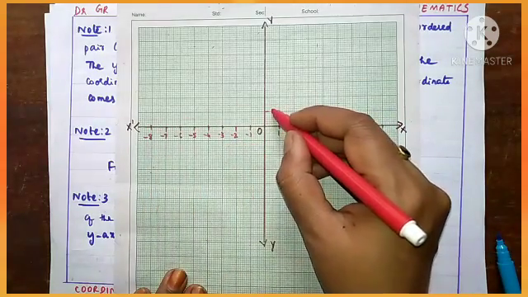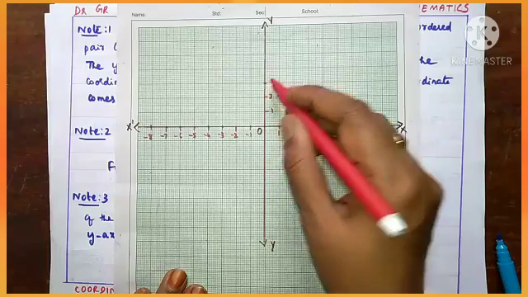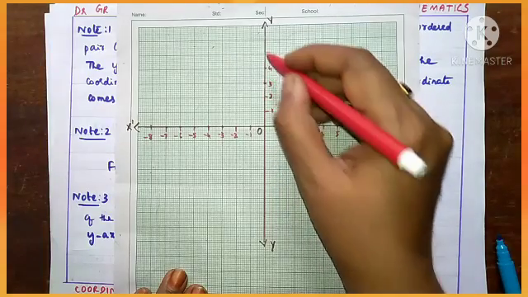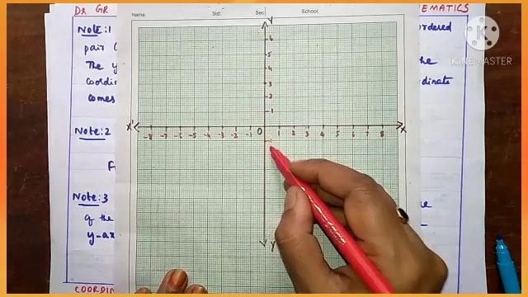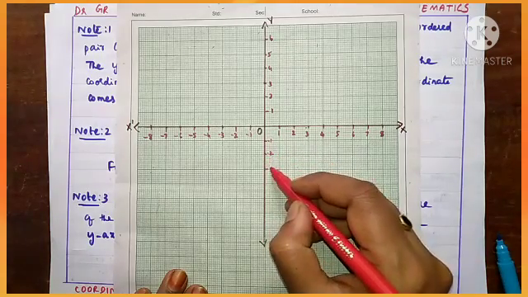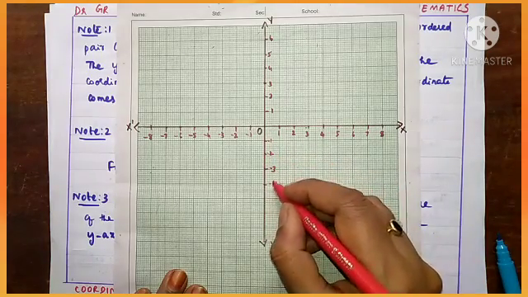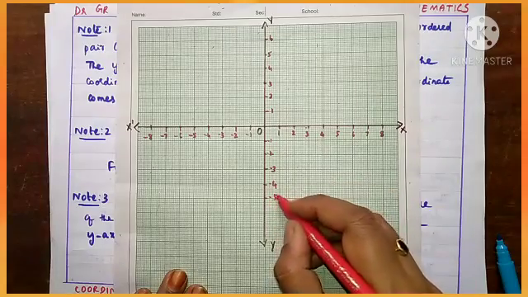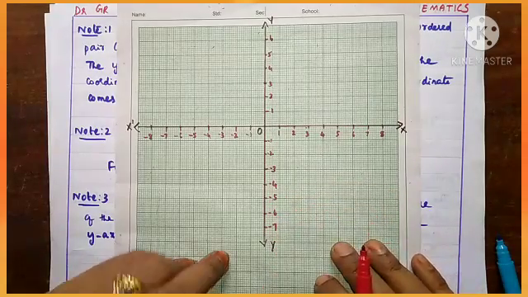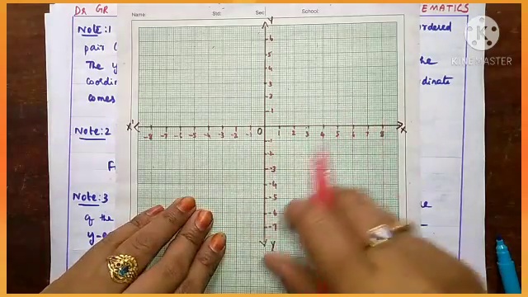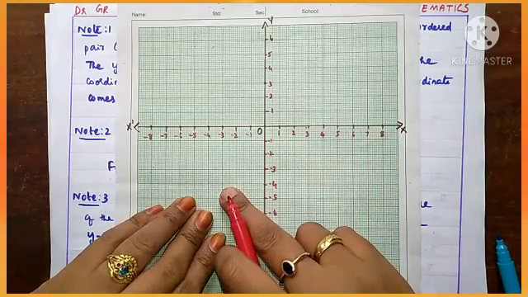Similarly here positive y 1, 2, 3, 4, 5 and 6, and here -1, -2, -3, -4, -5, -6, -7. So this is the way to write the points on the plane.